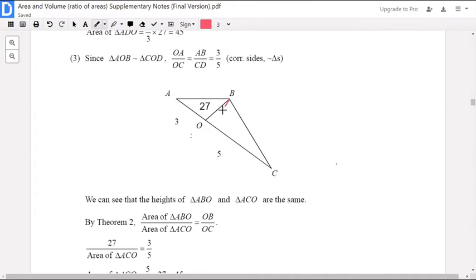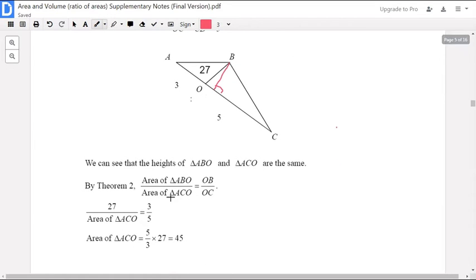Now, because triangles AOB and COB are of the same height, the ratio of their areas will again be the ratio of their bases. Therefore, the ratio of the area of triangle ABO to the area of triangle ACO will be OB to OC. Note that there is no square here.